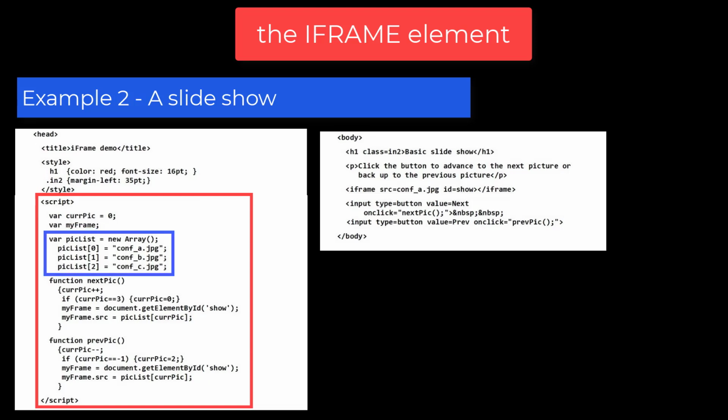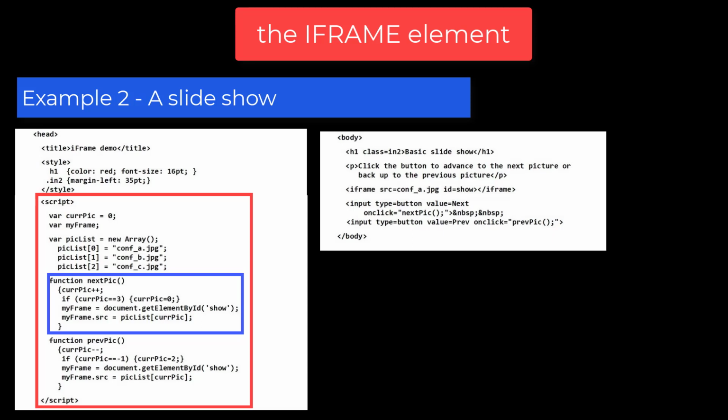And we have an array, var picklist, picklist 0, 1, and 2, which are old friends conference A, conference B, conference C.jpg. And we have a function nextPick and a function prevPick.